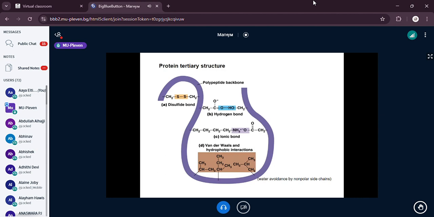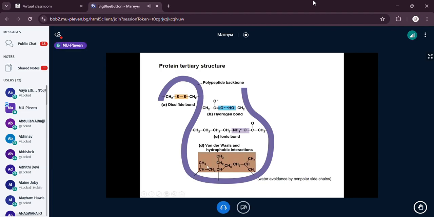Also, van der Waals interactions exist between non-polar side chains of proteins.